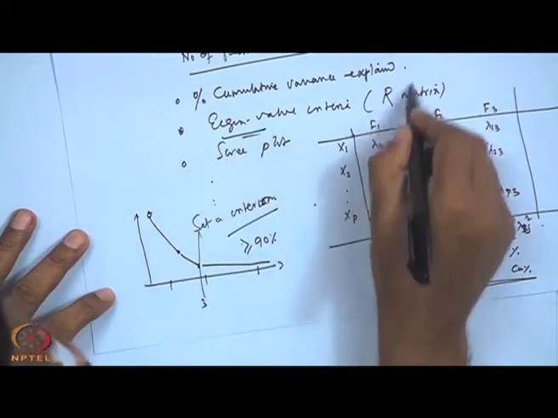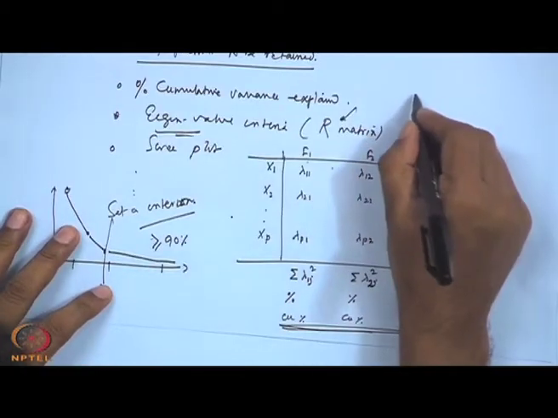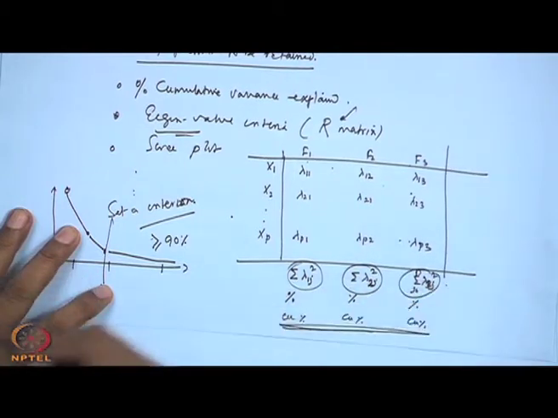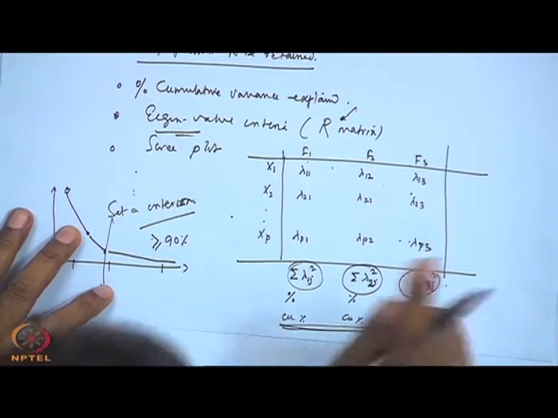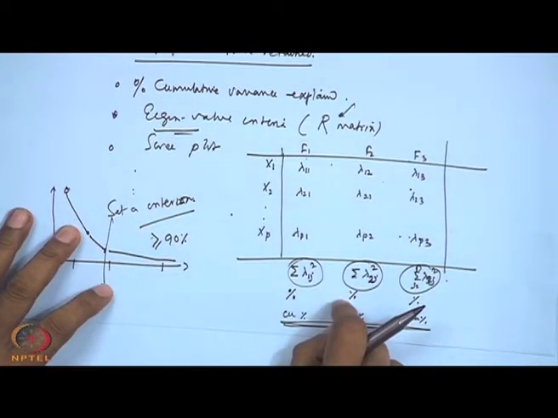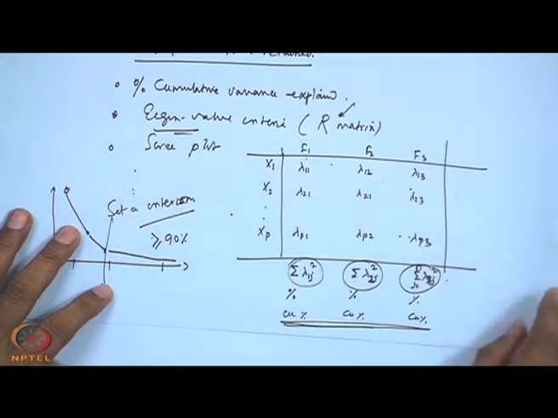When you use the R matrix, for those eigenvalues which are more than 1, that you consider, at least one variability will be explained by this. Okay. This is similar to principal component analysis, how many components you want to keep.